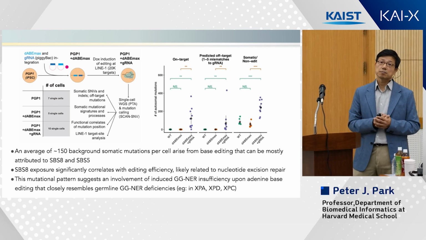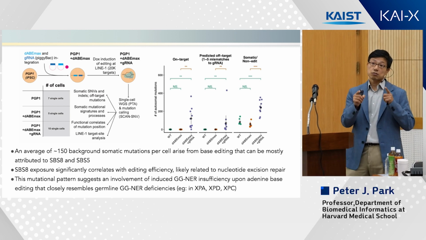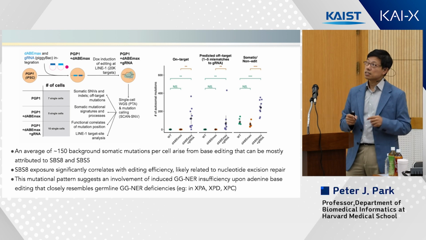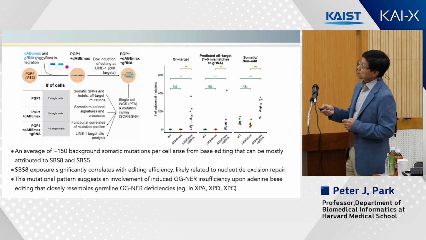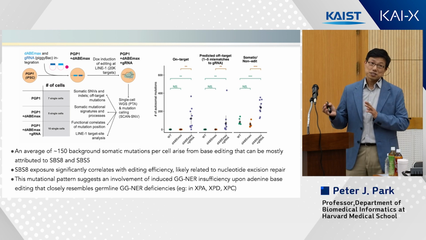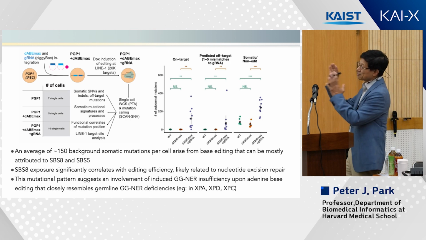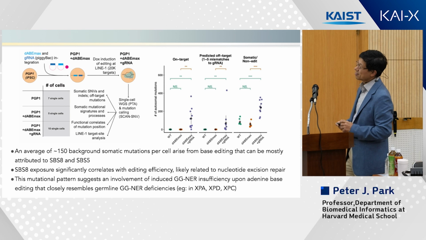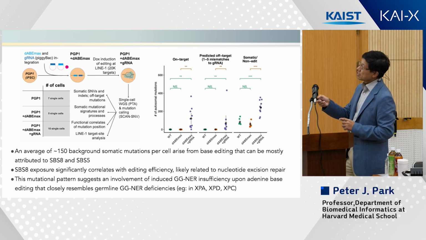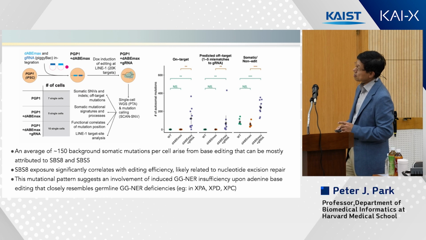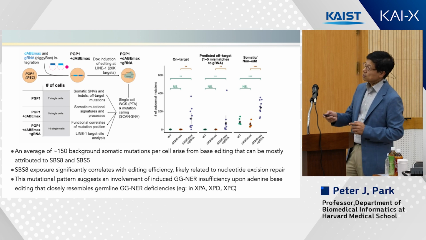So multiplex editing means you're actually trying to modify multiple sites. Again, the topic is mutational signatures, so I'll just mention that part of it. This could be a whole other talk. But briefly, we've done some experiments to figure out what the off-targets are.